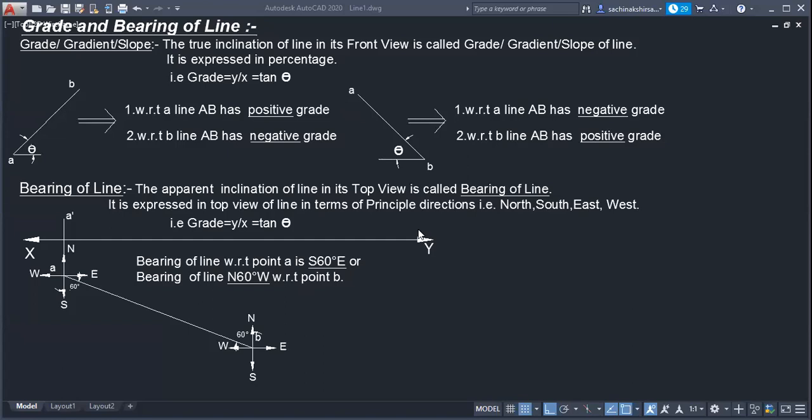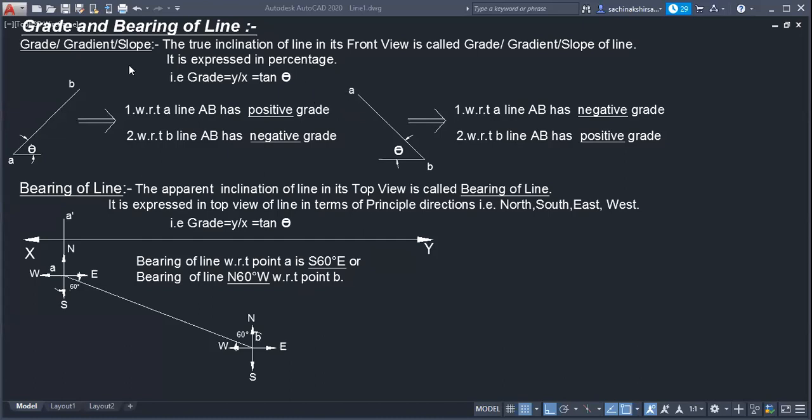Theta. So simply, in the simplest words, grade is nothing but the true inclination, that is the angle theta of the line. Generally it is given in percent.